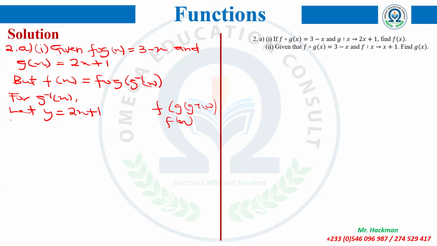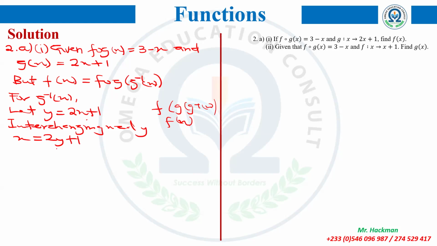Then what do you do? You interchange x and y. Anytime you start a sentence in English, you start with a capital letter. So we get x equal to 2y plus 1.